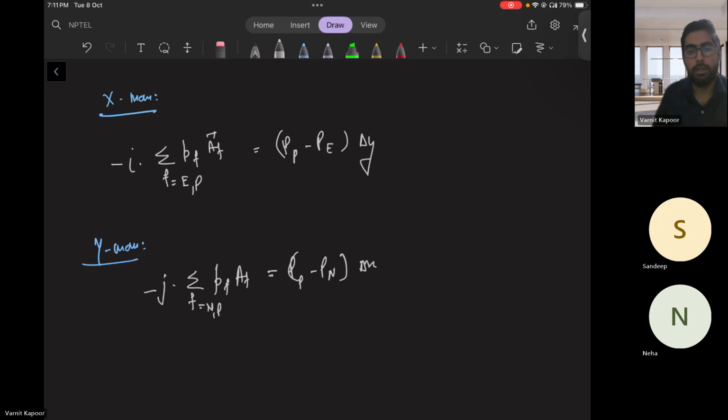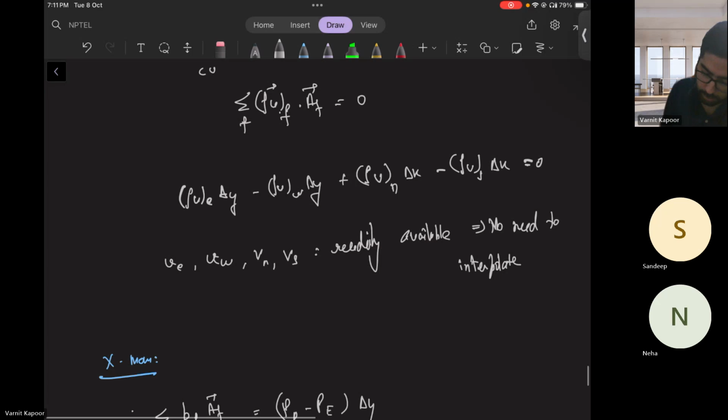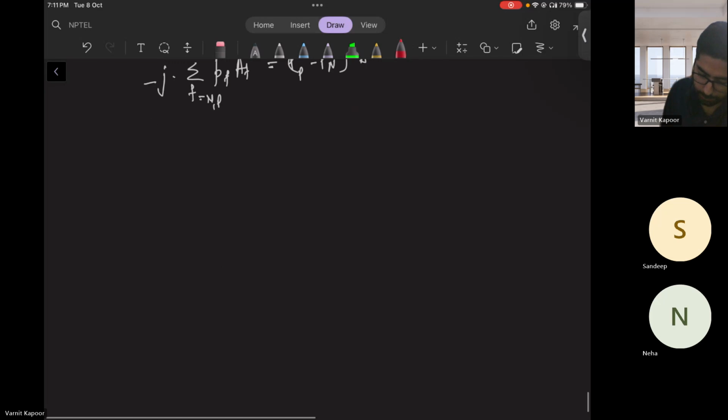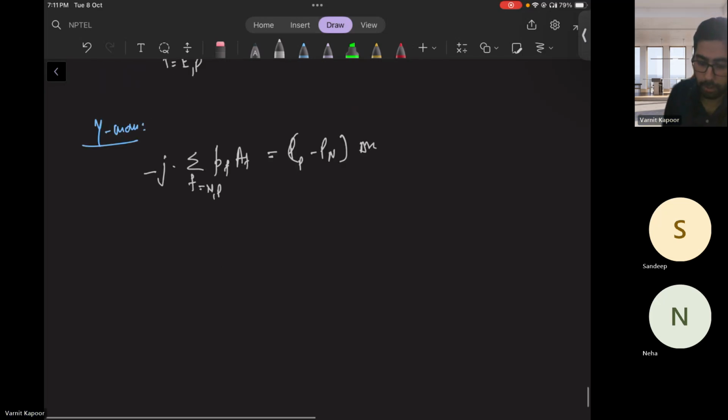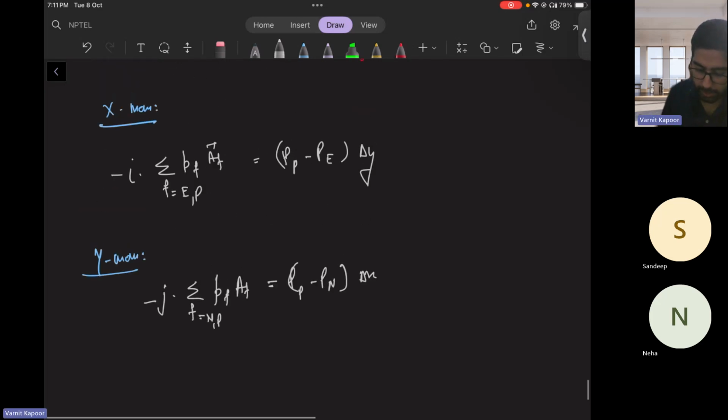Okay, so this eliminates the pressure checkerboarding because we don't need to interpolate. We have already got this. Here also, because we have directly added the cell-centered values, there is no need to interpolate.